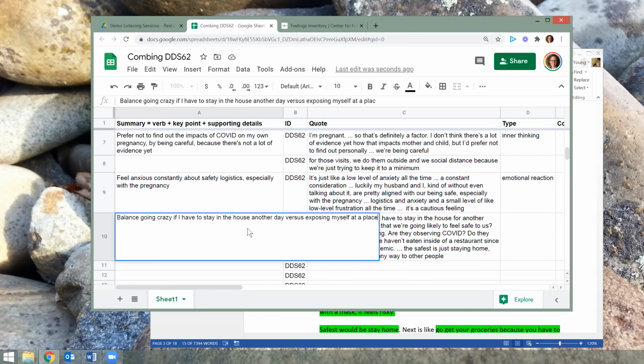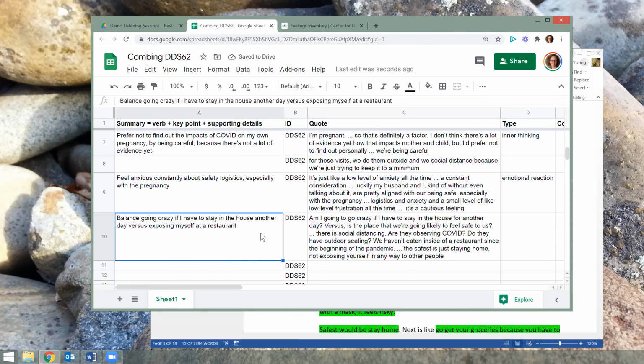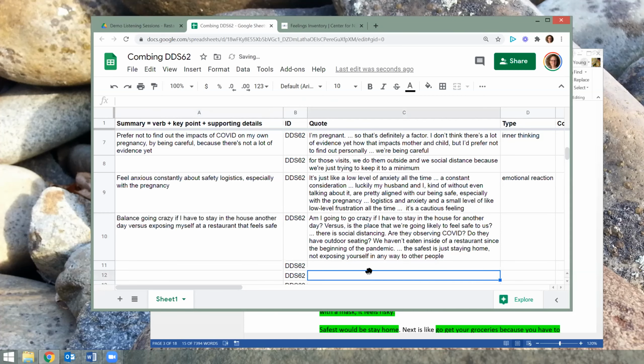Okay. At a place, at a restaurant. Now, what are the things that feel safe? With social distancing, outdoor seating.